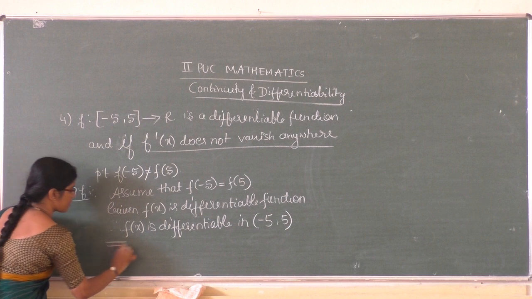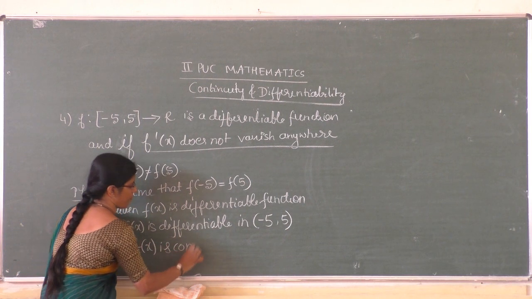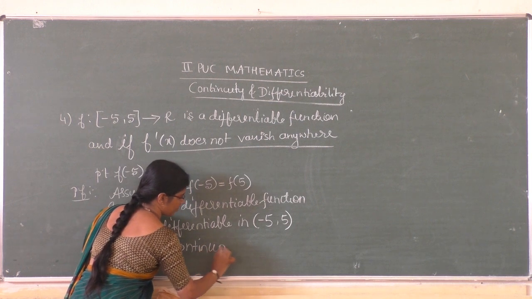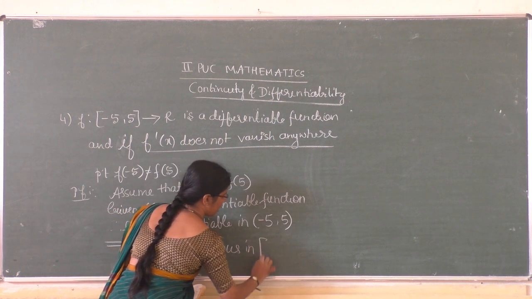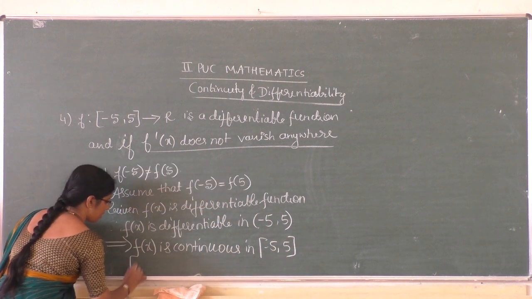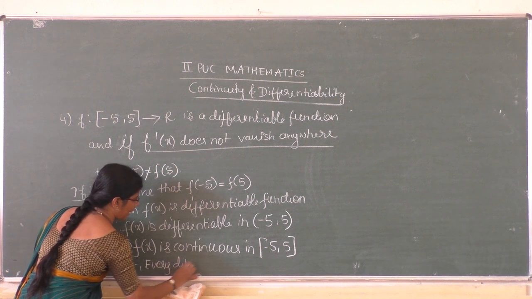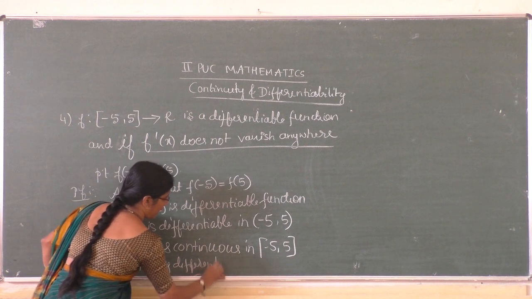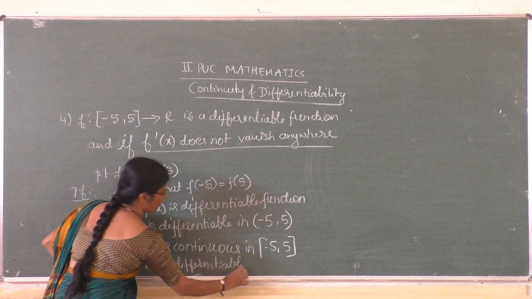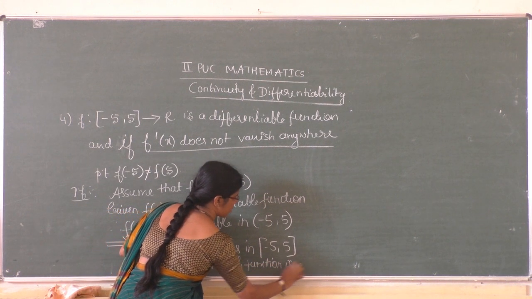That implies f of x is continuous in the closed interval minus 5 comma 5, since every differentiable function is continuous.